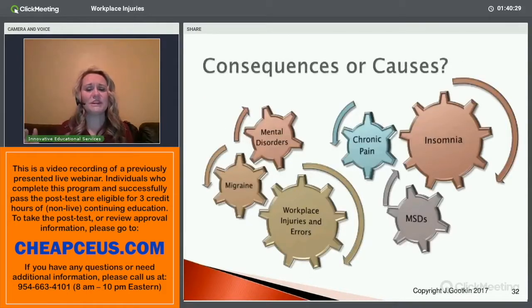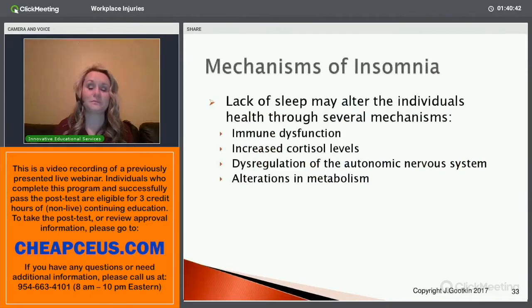There's this interrelationship between having chronic pain and insomnia, workplace errors, mental disorders, migraines, and then the individuals are in a vicious cycle.